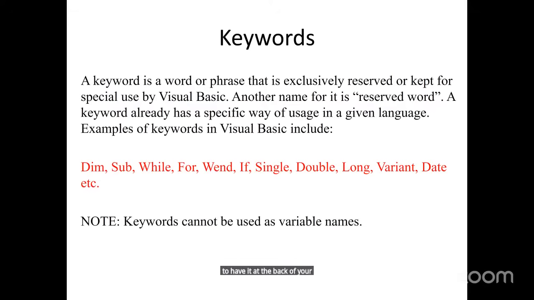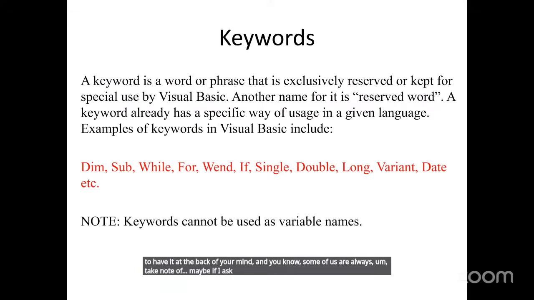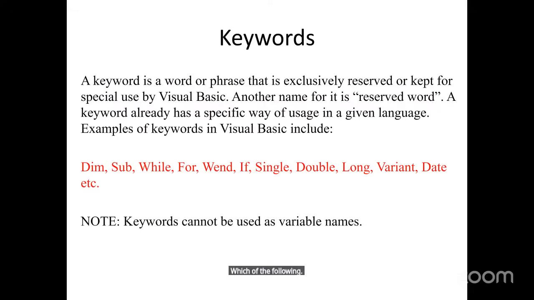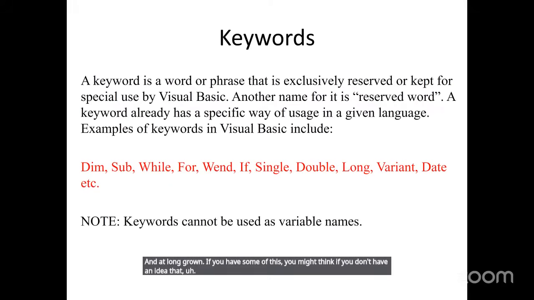Some of us always take note: if I ask, for example, in an objective question, which of the following are valid variables, and I put in several things, and in the long run, if you don't have an idea that keywords cannot be used as variables, you might get it wrong.